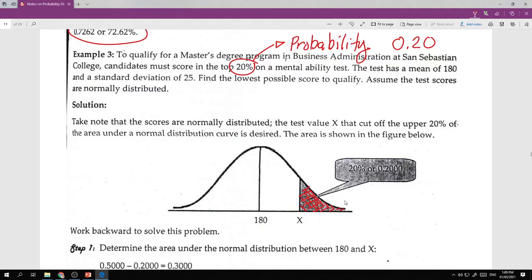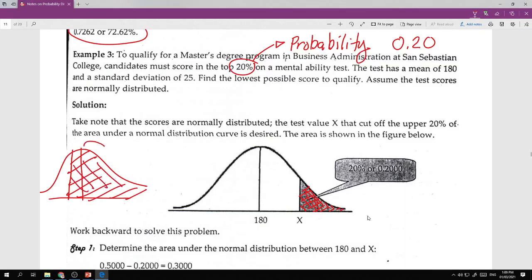Yes, sir. What if I'm gonna have it as the top 60%? Top 60. If top 60 akong question, this is our mean. So meaning, diri ko mag-shade kay mao man ni ang 60% nga top.